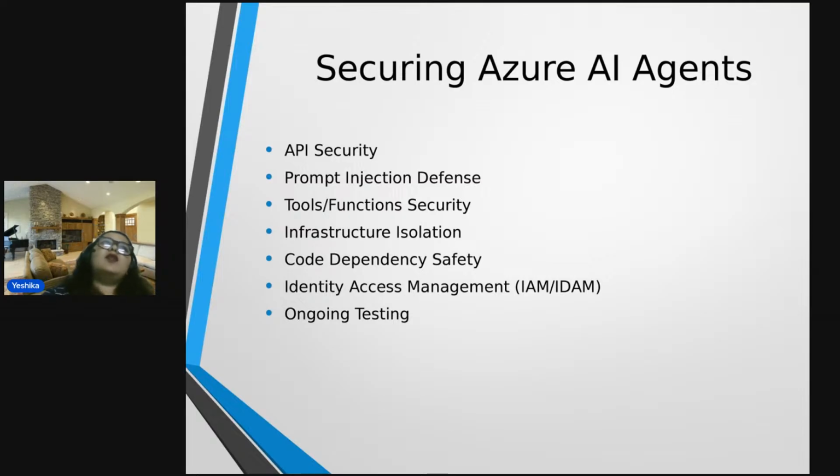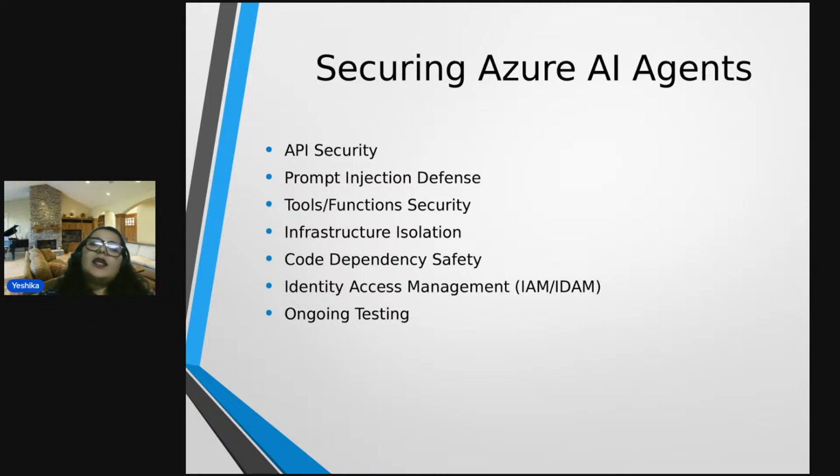Code dependency safety is basically about JavaScript or any other scripting language that you have been utilizing and prompting to get the information from live data. That dependency, those API calls or embedded scripting, should be safely added with validation code.